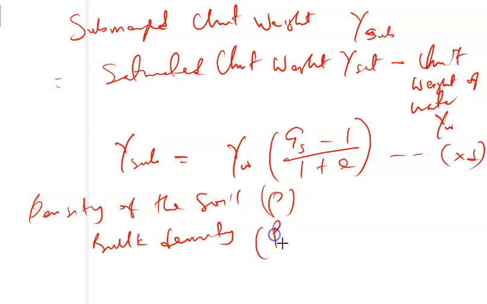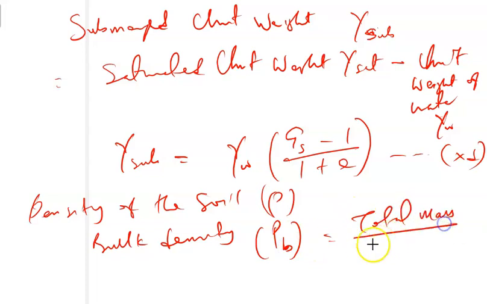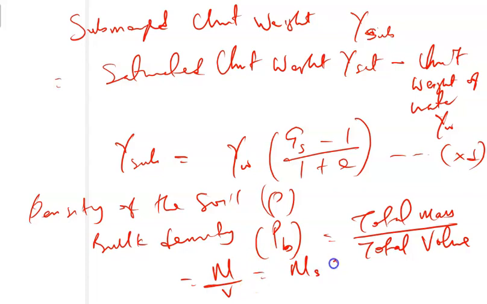We'll have rho B equal to total mass over total volume. So this will be equal to mass over volume, and the overall mass is mass of solid plus mass of water over volume of solid plus volume of water. So that is our bulk density.